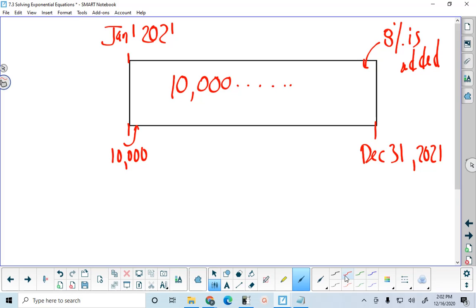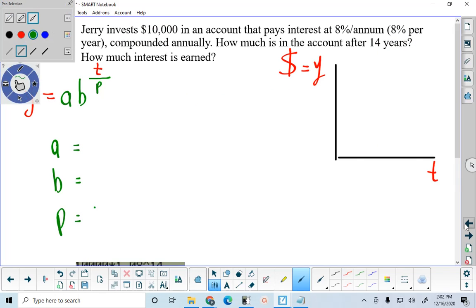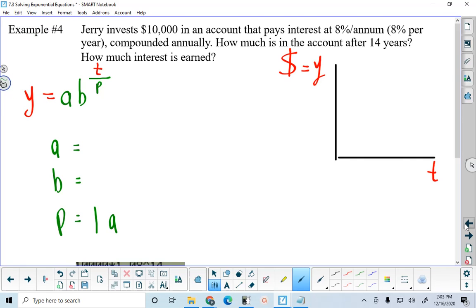And that makes our job easier because when you look at what P is, the length of time it takes to happen, it takes a year to happen. B is how much his money is being multiplied by regularly. Well, it's 1.08.